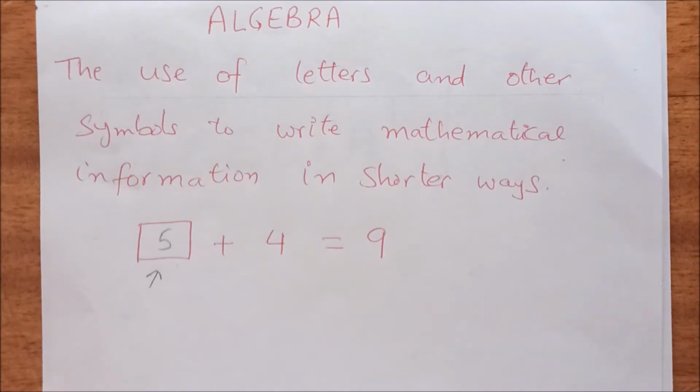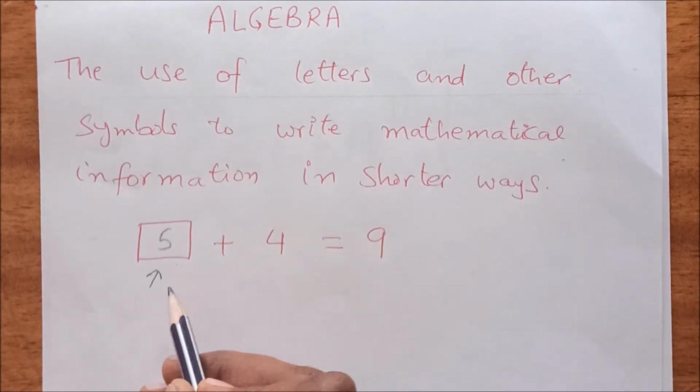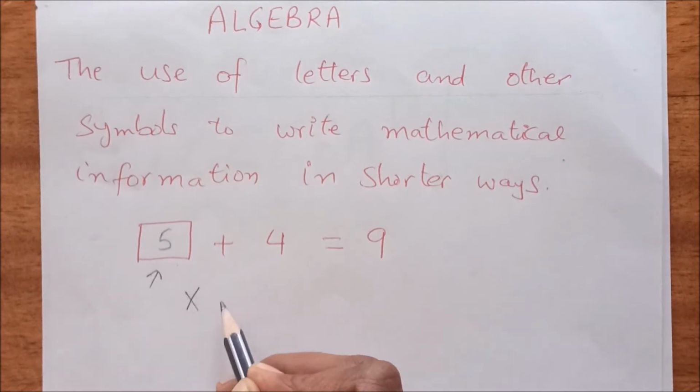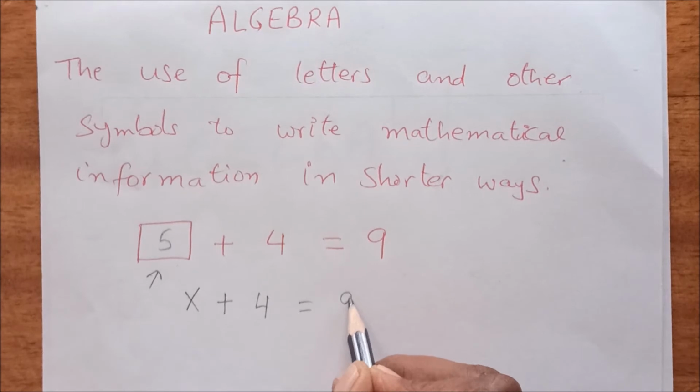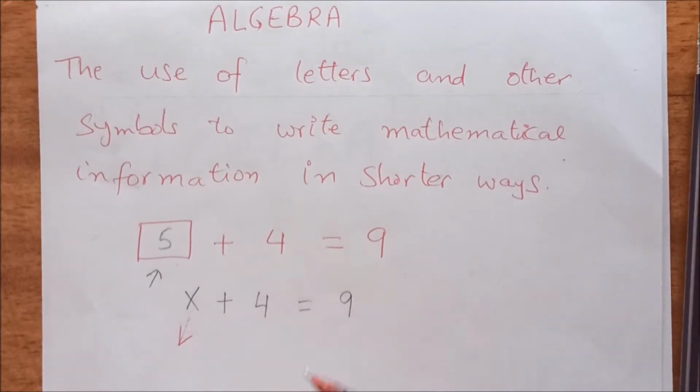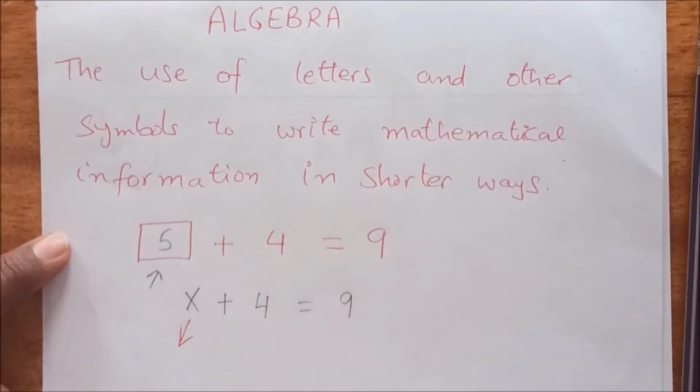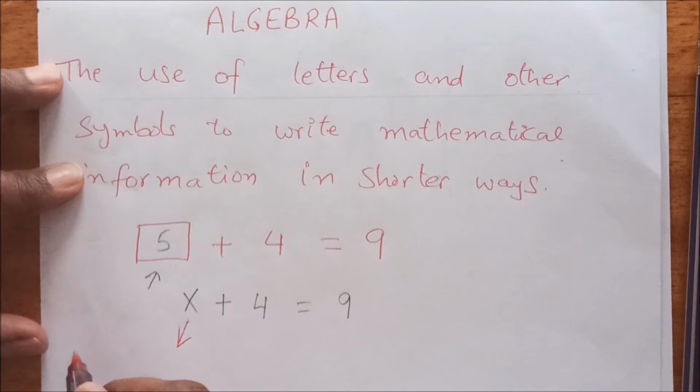So this can also be written in another form, using alphabets. So a combination of alphabets and numbers is algebra. So if I denote this as x plus 4 equals 9, then this x is called a variable.